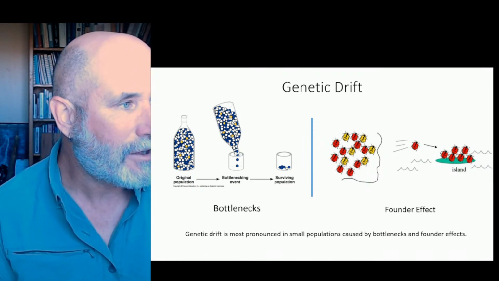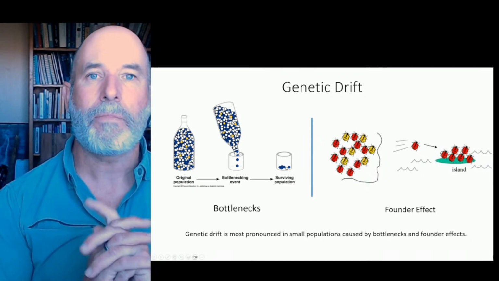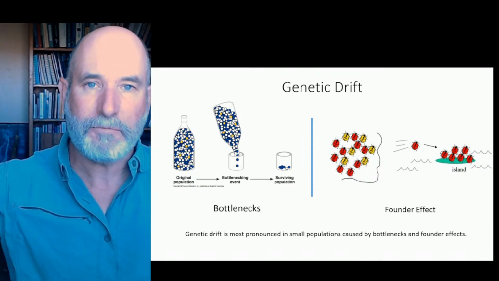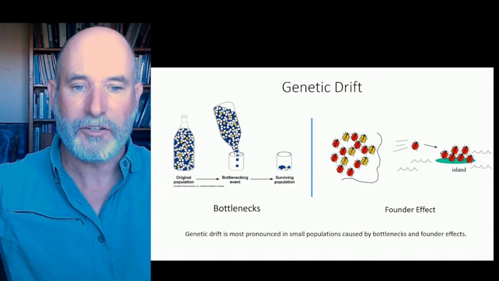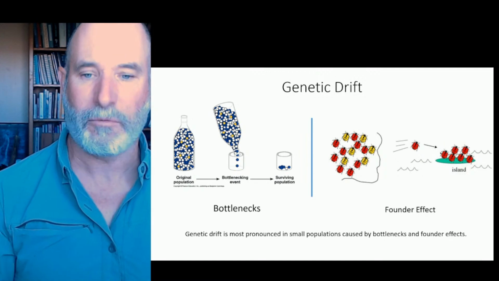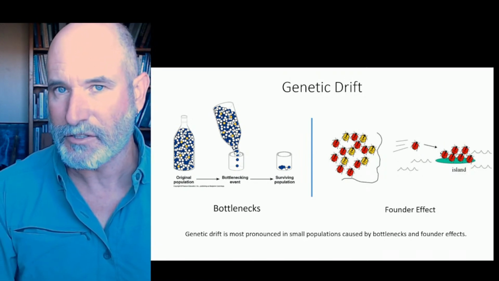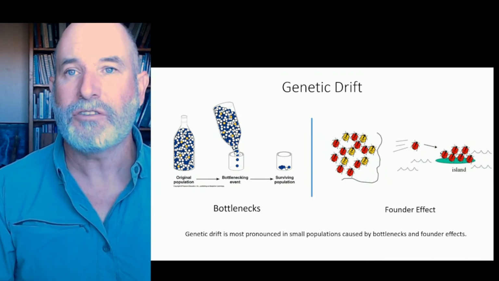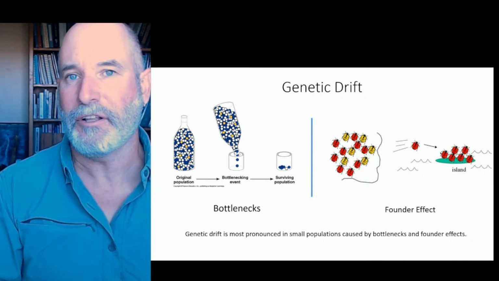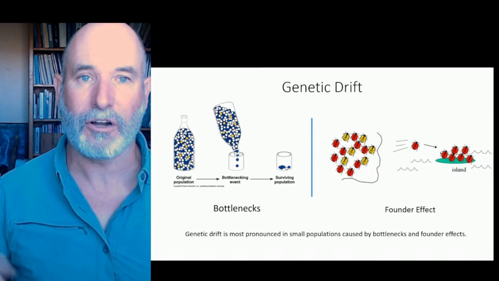All right. Now here's the thing with bottlenecks. There are two ways here. We can have the bottleneck, where you have a large population and that large population gets small very quickly. If you go from 10,000 individuals down to 100 individuals, and it's quick, those 100 individuals might lack the genetic variability of your population that was just a few years back much larger.